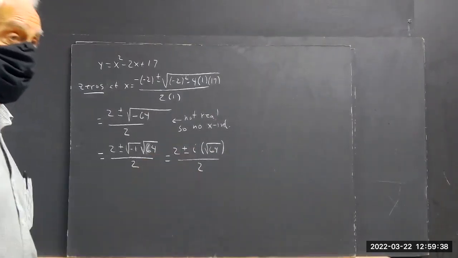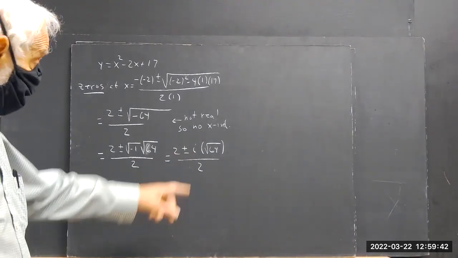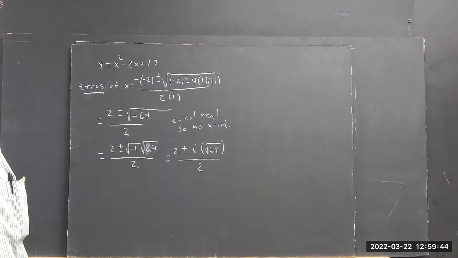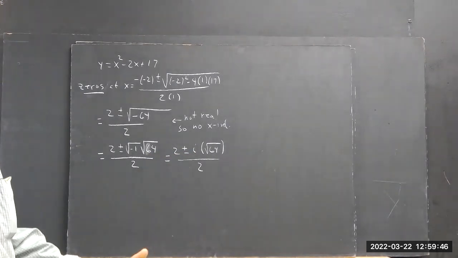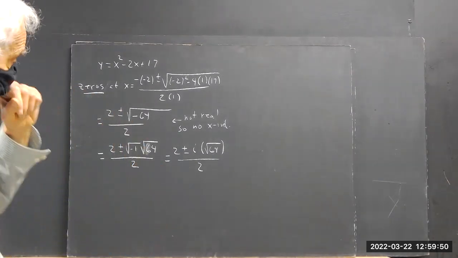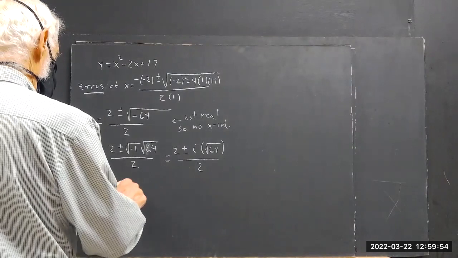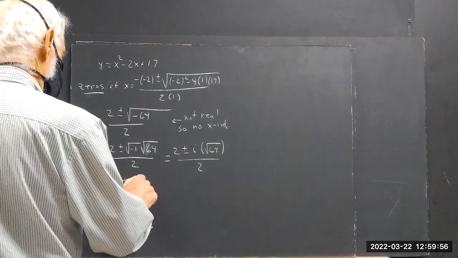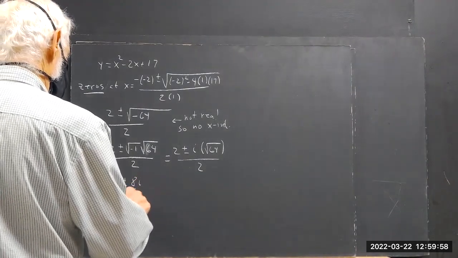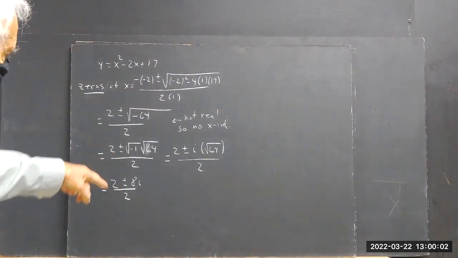You should be familiar with i from back in your algebra courses. If not, i is the square root of negative 1. It's not a real number. It's an imaginary number; i stands for imaginary. That's 2 plus or minus 8i divided by 2.